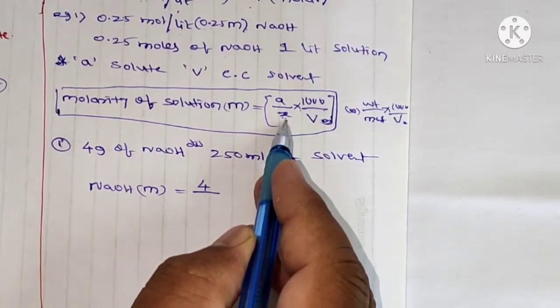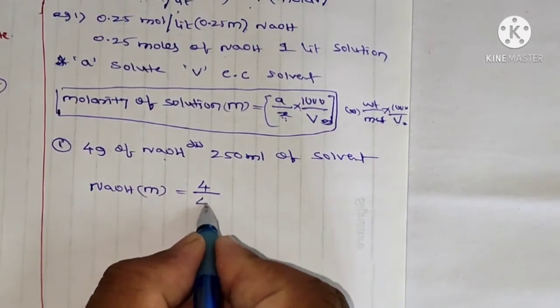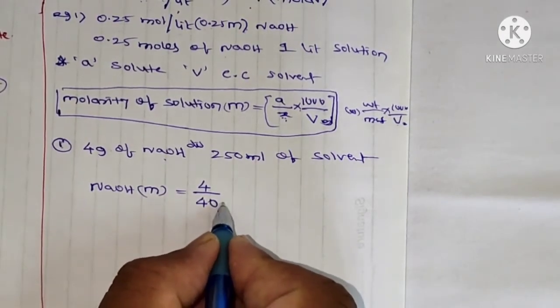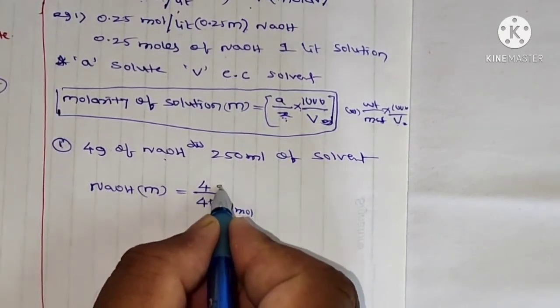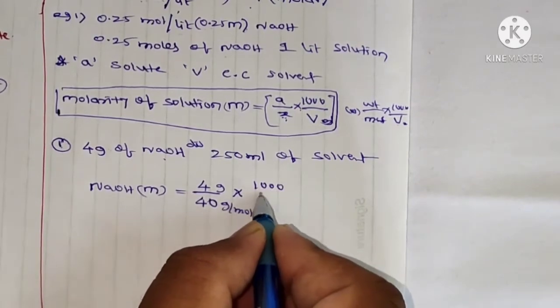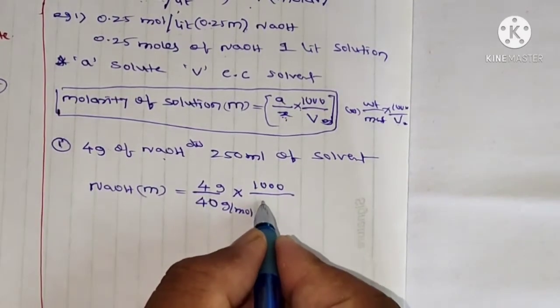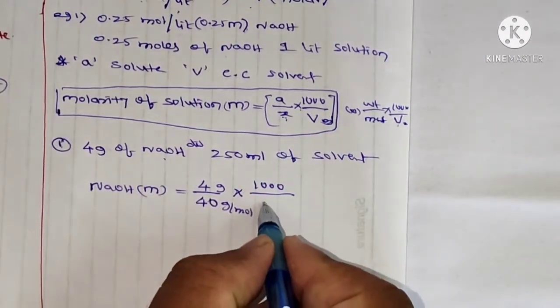X is the molar mass of solute. NaOH molar mass is 40 grams per mole. Here grams per mole, and 1000 by V in ml, 250 ml.